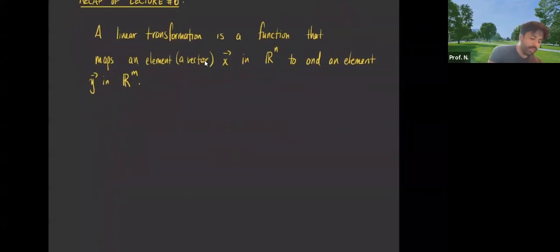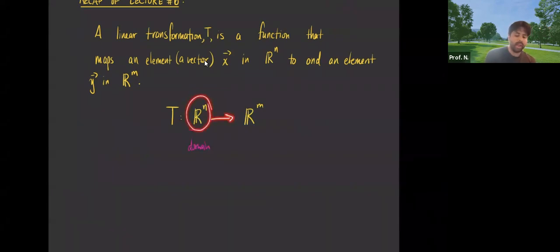And then we have this notation here, T. The linear transformation, we call it T, right? And it takes Rn and maps it to Rm. We've also discussed that the domain is denoted by the first set, and we put a little arrow to indicate that we're mapping this domain into the space of its codomain, which is associated with the range.